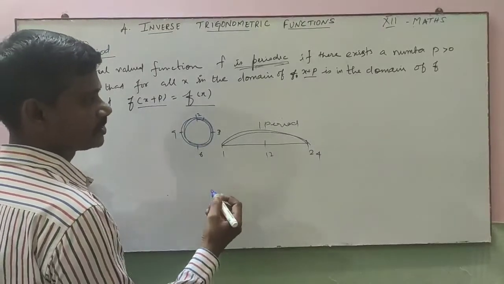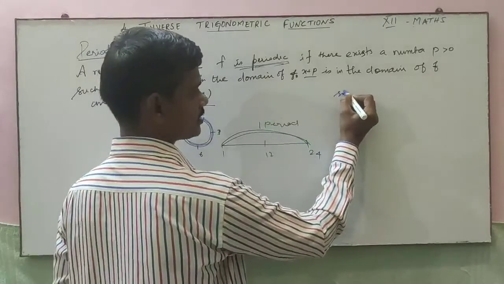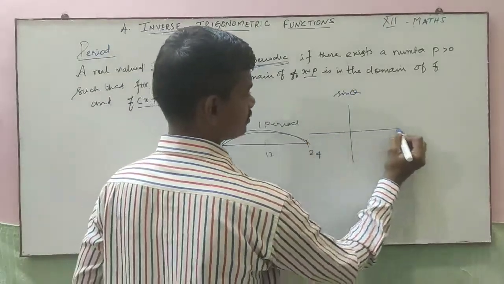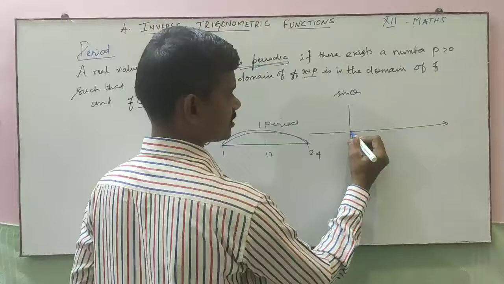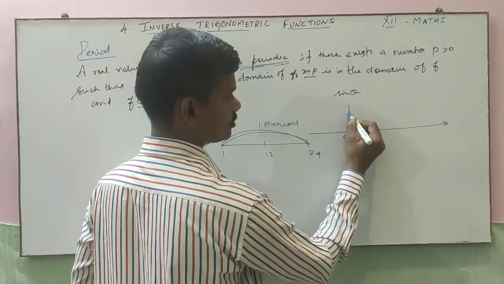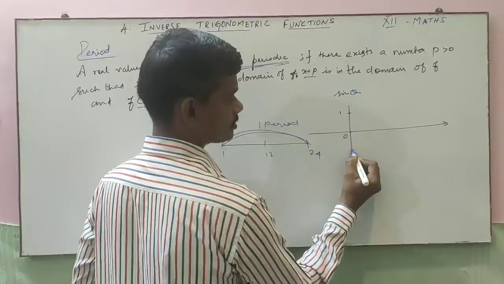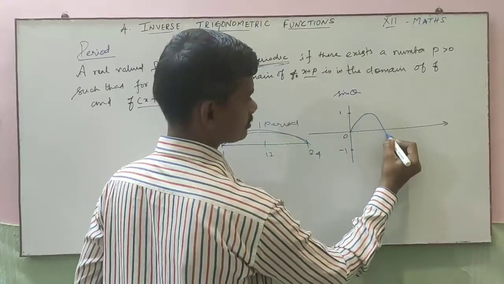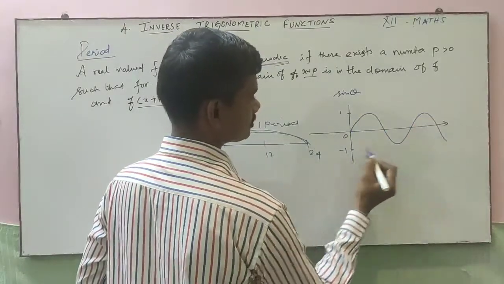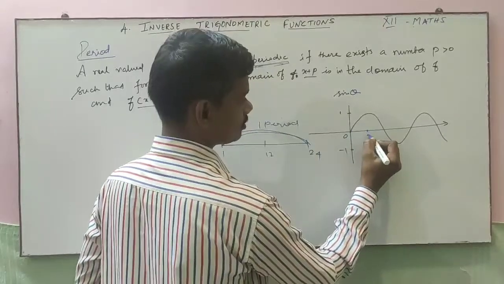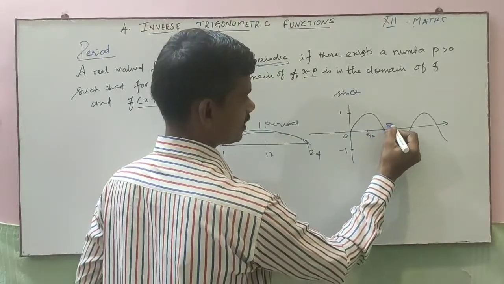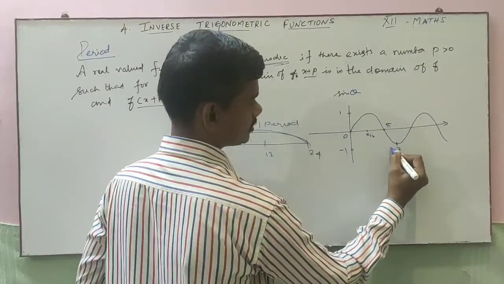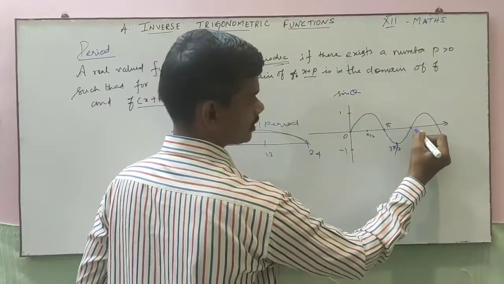Like that, in trigonometry we have the sine graph. This is the graph of the sine. Sine 0 is 0, sine 90 is 1, sine 180 is 0, and sine 270 is minus 1. We start like this and the graph goes like this, for 0, 90, 180, 270, that is 3 pi by 2, and then 2 pi.